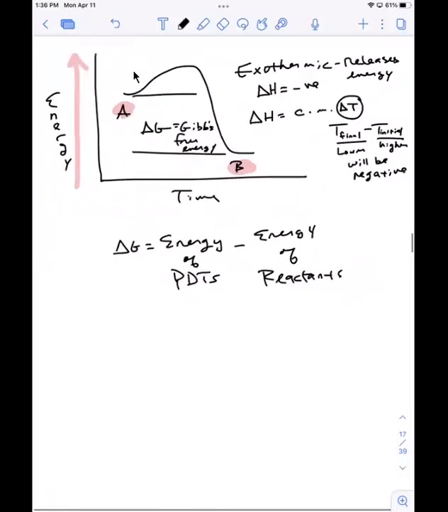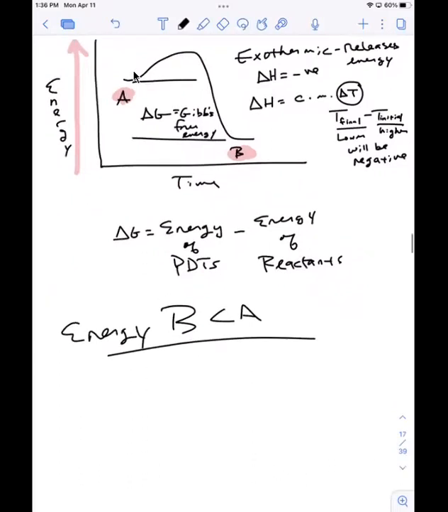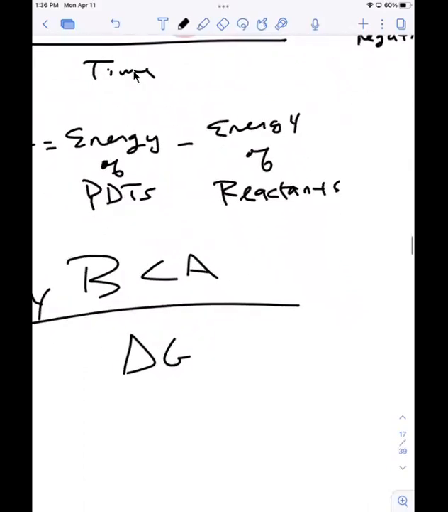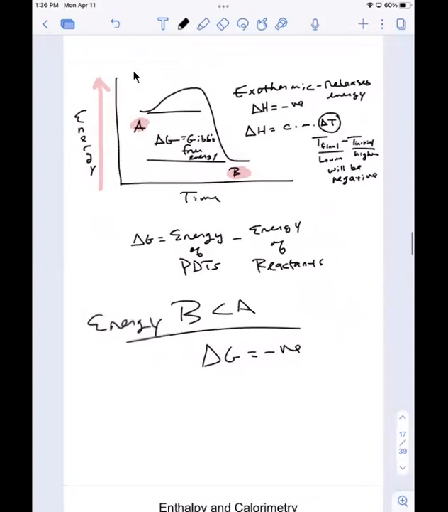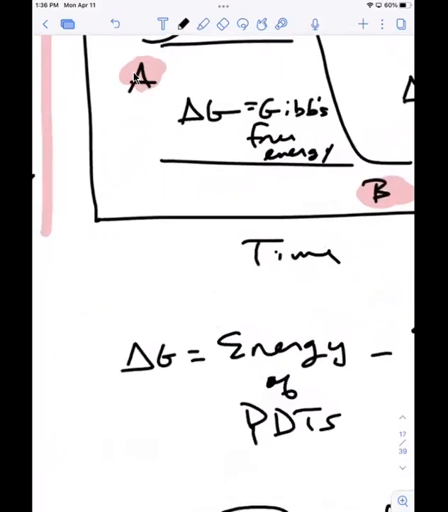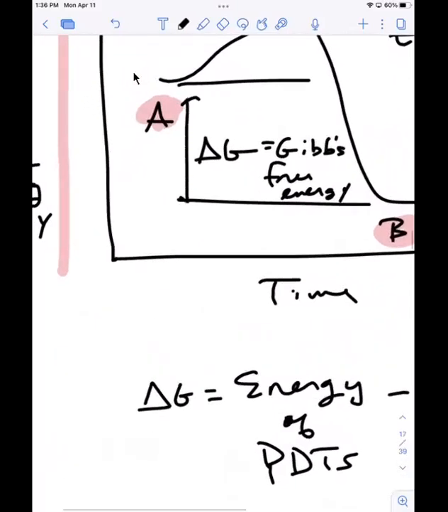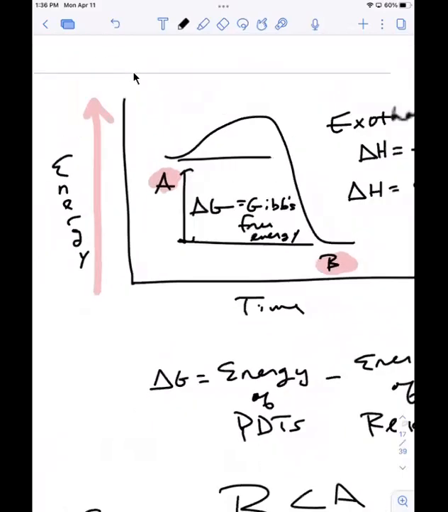Right, and you can see here, because the energy of B is less than A, that's also going to be a negative number. So delta G for an exothermic reaction is a negative number. So delta H is negative, and so is delta G for any exothermic reaction. That's the gap between the products and the reactants. That's my Gibbs free energy.